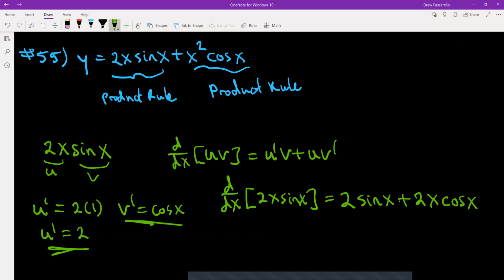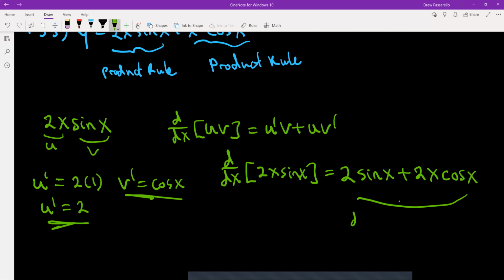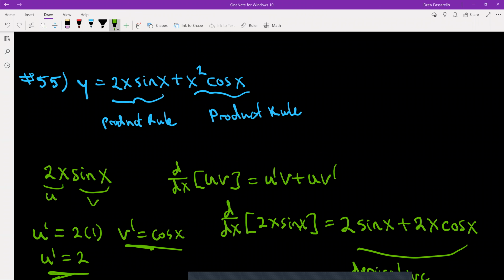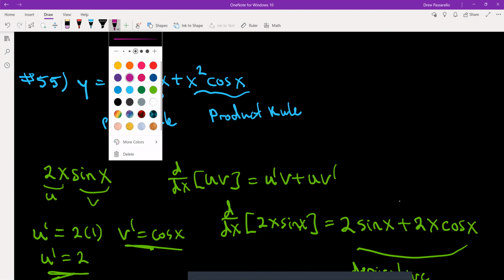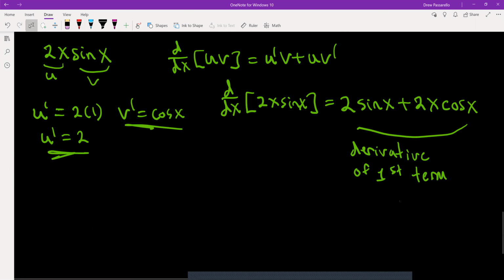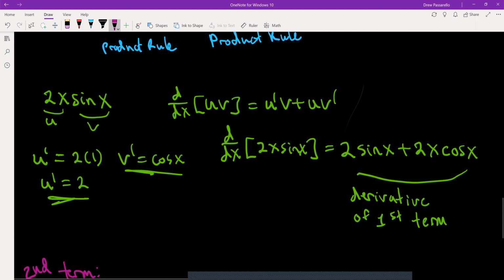All right, this is just the derivative of the first term. I still need to find the derivative of the second term, the x squared cosine x. And I'll use that in color purple.